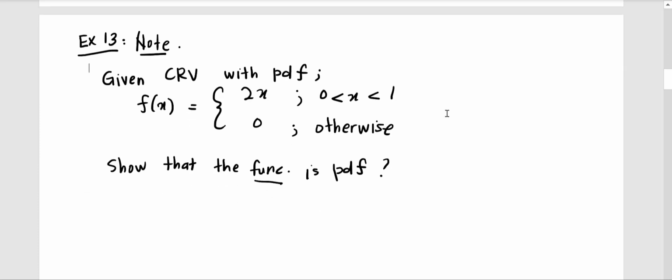Now when we look at this question, your lower limit is 0 and your upper limit is 1.